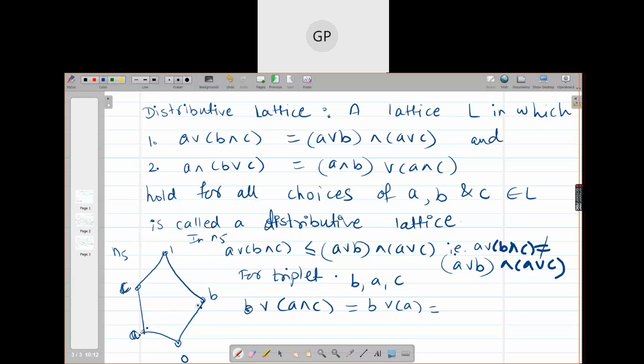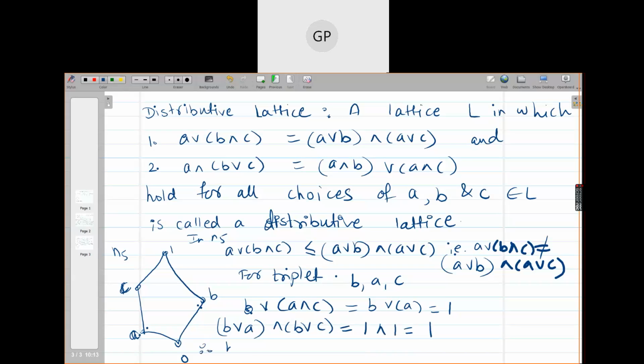B और A के सर पे देखना है. It is 1. Correct. Now what was the right side? B join A meet B join C. B join A is 1, B join C is 1. So 1 meet 1 is 1. So here they are coming equal, right? Therefore, B join A meet C is equal to B join A meet B join C.